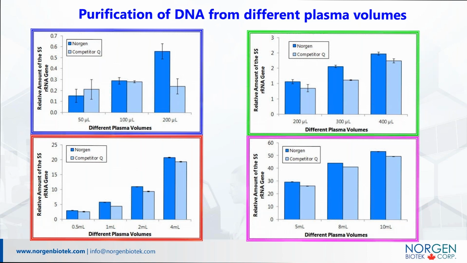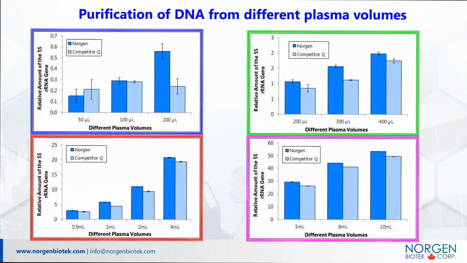And we expect that whenever we increase the volume, the amount of the DNA will increase. So as you can see, with all volumes, starting from 50 microliters up to even 10 ml, there is very good linearity, 90% or higher, which means whenever you go to a higher volume, you get a higher amount of DNA.